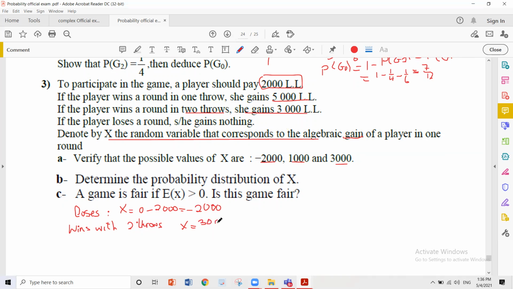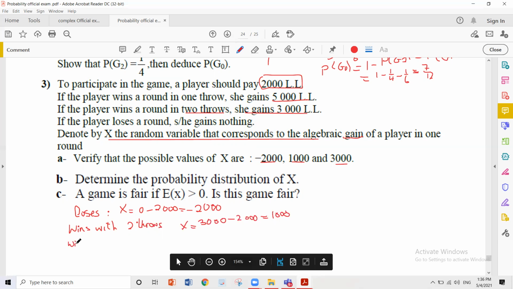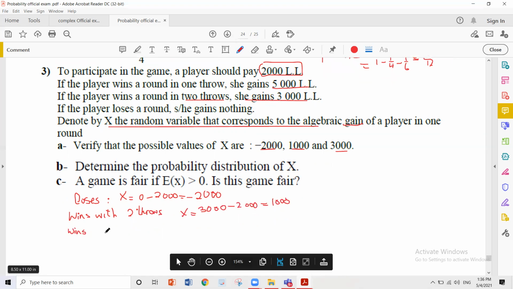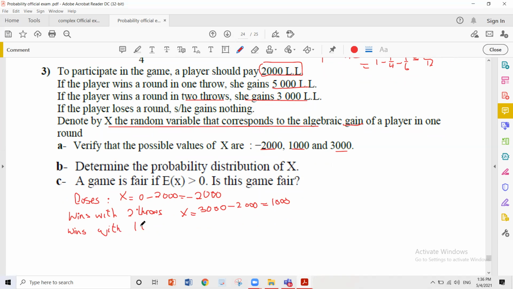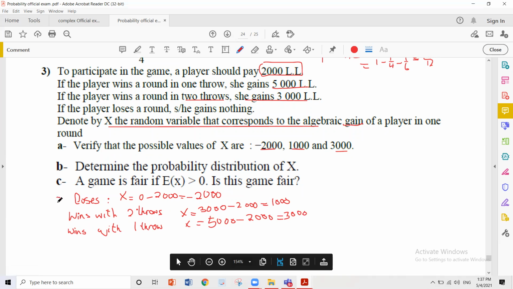X equals 3,000 minus 2,000, equals 1,000. If he wins with one throw, X equals 5,000 minus 2,000, equals 3,000. This is part A.